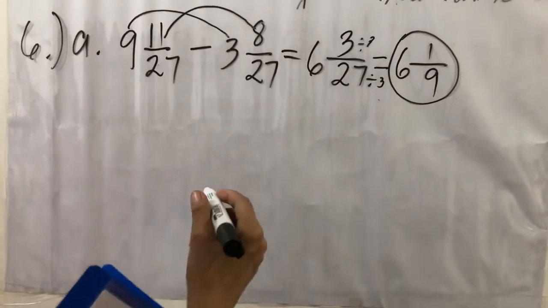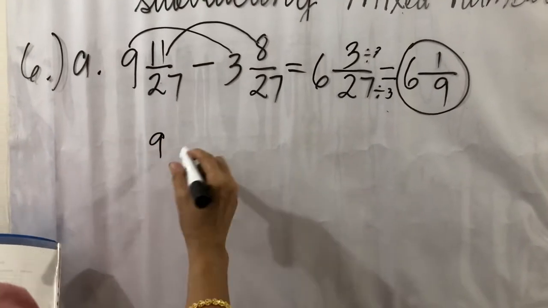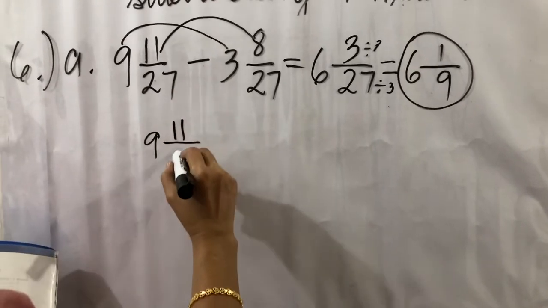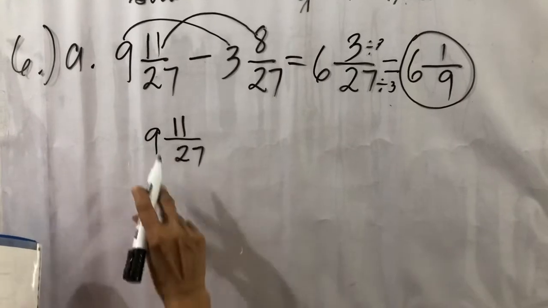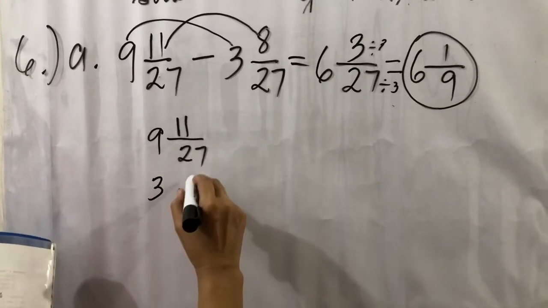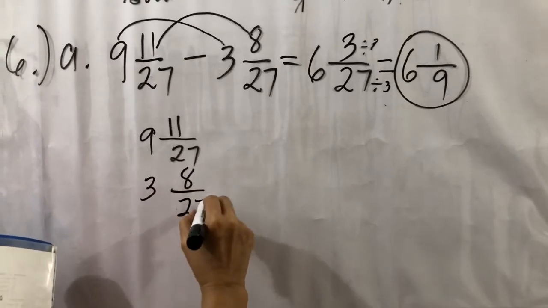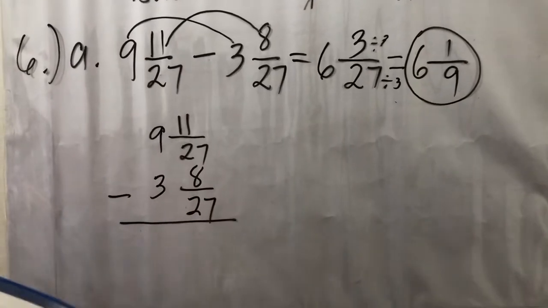Now, let us do it in vertical way. So, align the mixed numbers. We have 9 is the whole number. And then, we have the fraction 11/27 minus, align the whole numbers. We have 3 and 8/27 minus, we have line.